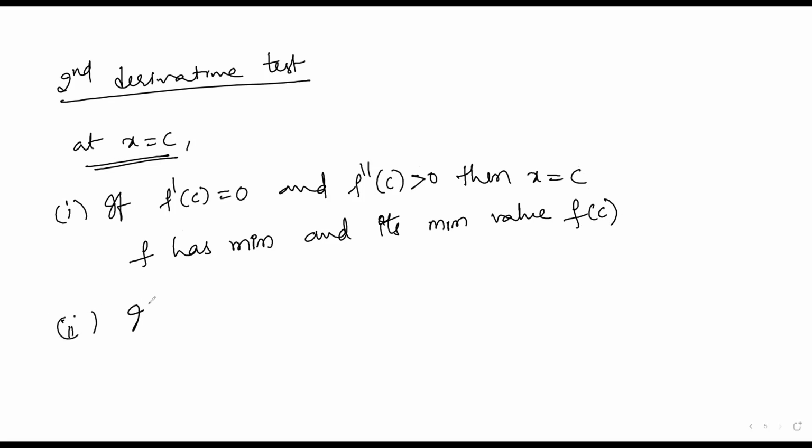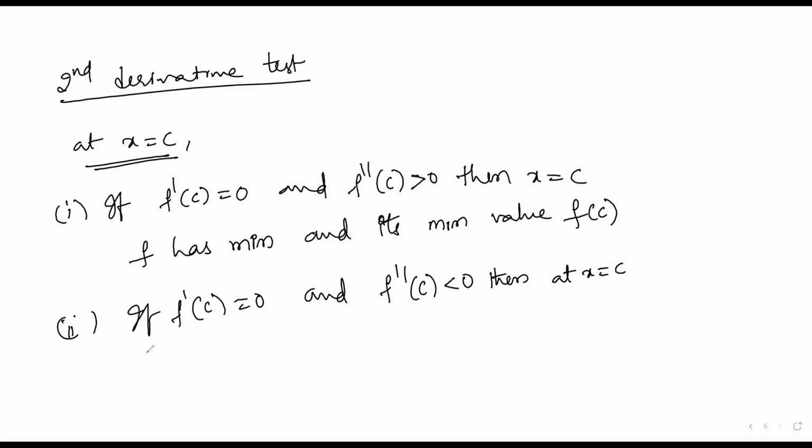Second one, if f dash of c is 0 and f double dash of c is less than 0, then at x equal to c, f has its minimum or maximum?